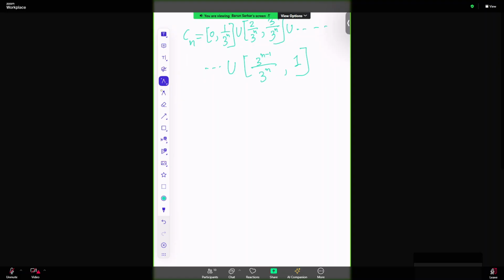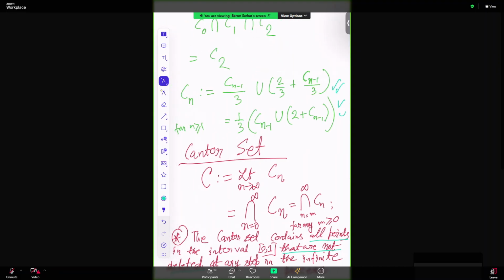The Cantor set is those points which are not excluded. You delete those one-thirds, and the Cantor set contains all those points that are not deleted. Those points remain there.